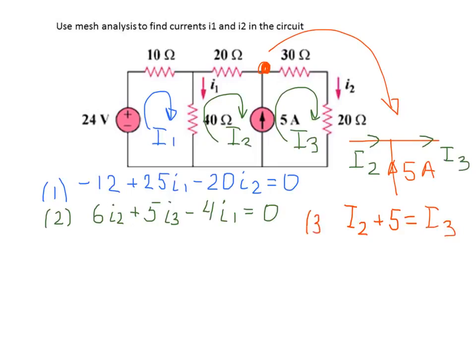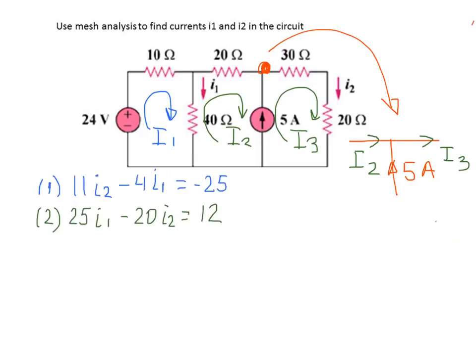We can substitute I3 in equation number 2 by I2 plus 5, and then we'll create two equations with only two unknowns. By replacing mesh current I3 by I2 plus 5, we created two equations with two unknowns. So there are only I1 and I2 unknowns, and it is easy to solve these equations.